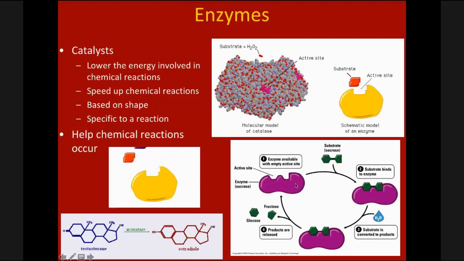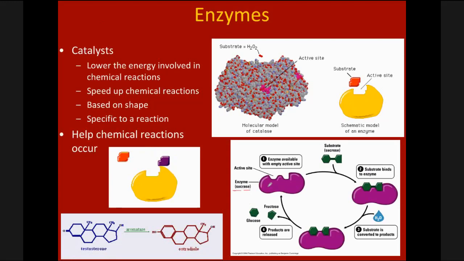So if this purple enzyme's job is to break down sucrose, we're going to call that enzyme sucrase. Anytime you see that ASE ending, that's a suffix that means enzyme. It's telling you it's an enzyme, and the first part of the term is the name of the substrate.